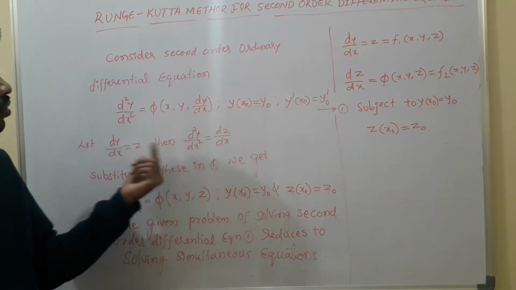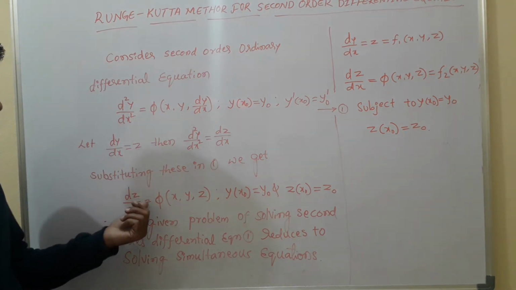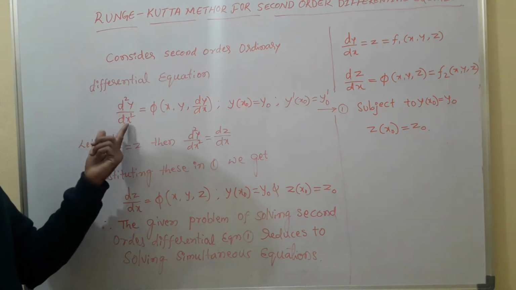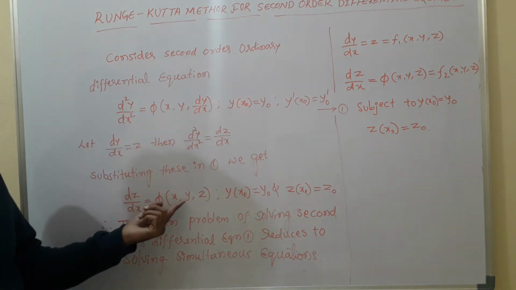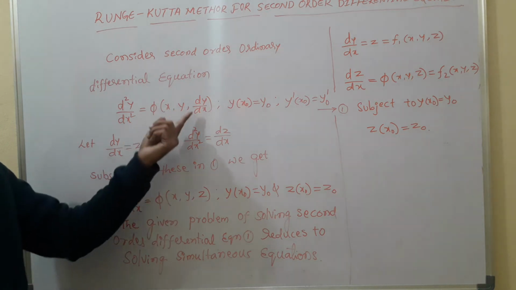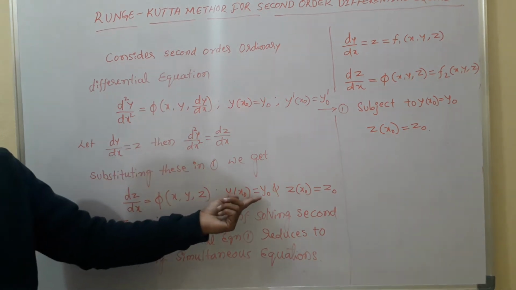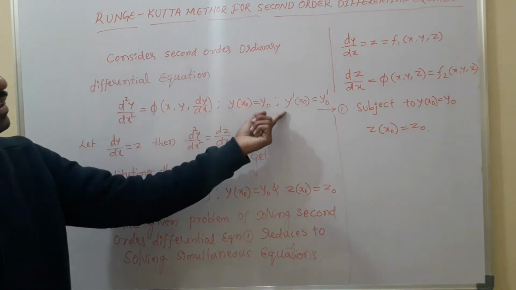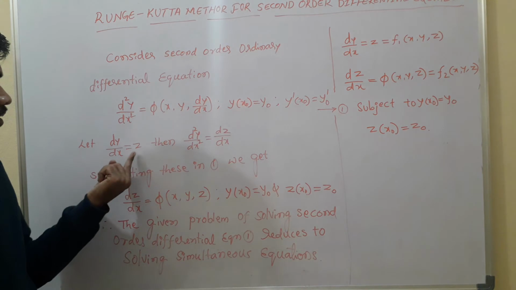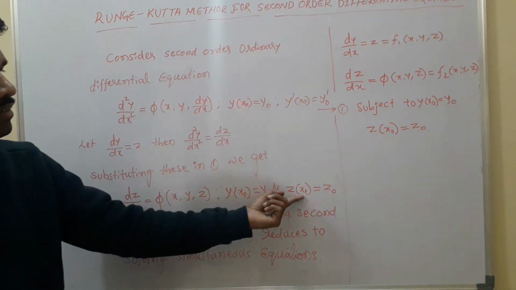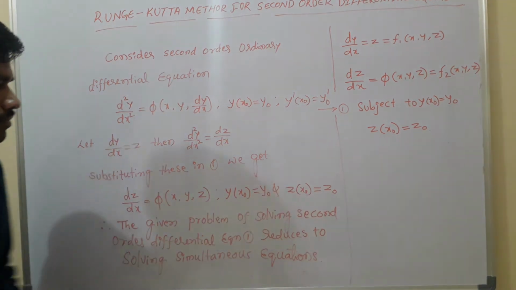Substituting these two in equation number 1, we get dz by dx equal to phi of x comma y comma z, y of x naught equal to y naught. So y dash is nothing but dy by dx, that means z of x naught equal to y naught dash, that is z naught.